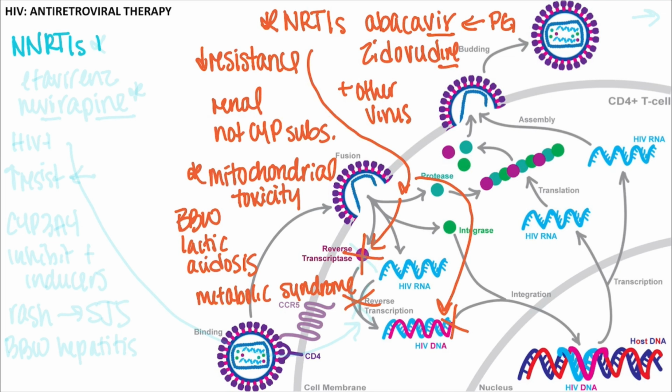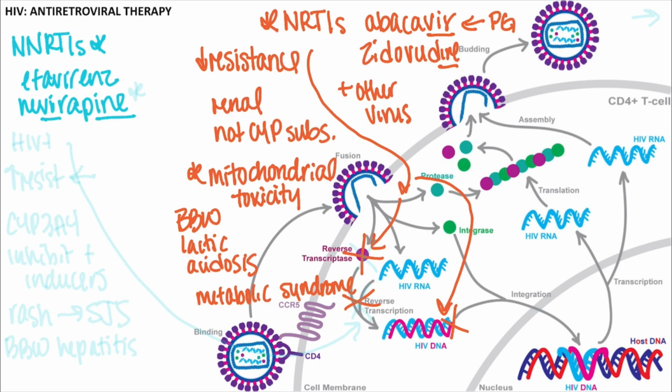So now on to our NNRTIs, which are not going to look like nucleosides and include agents like efavirenz and nevirapine. And these agents will all end in this INE ending and have a VIR in the middle somewhere except for efavirenz.